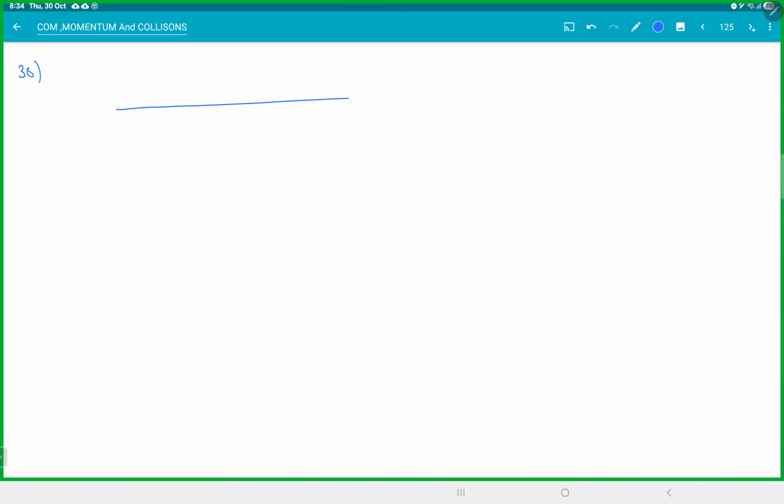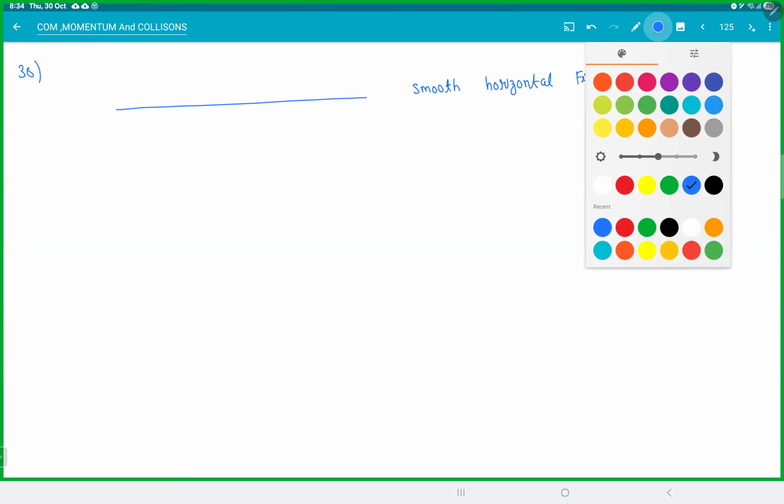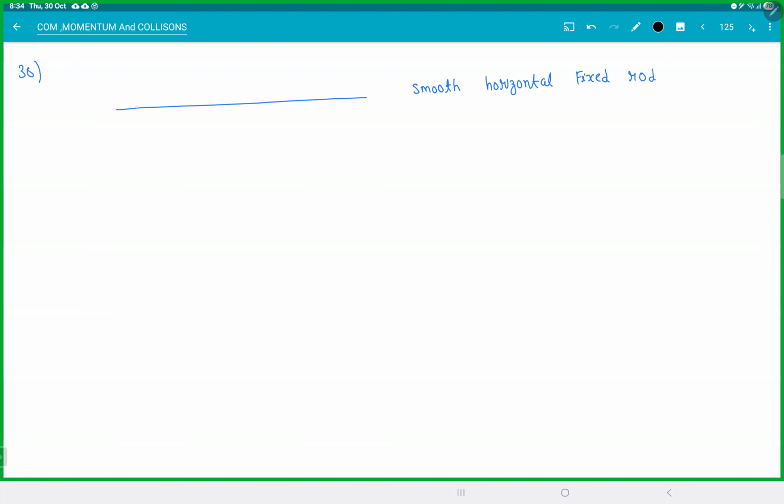So we have a smooth horizontal fixed rod. On this rod, we have a ring of mass m.